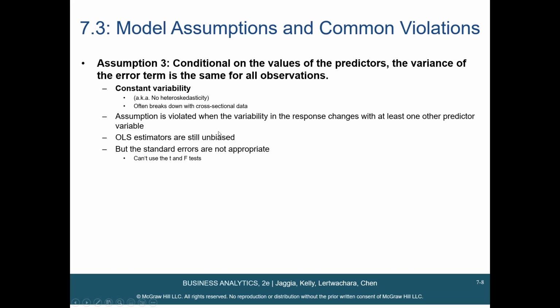And it breaks down if you have variability in the response, even with one predictor variable, which can cause your estimates, your coefficients, that's what the OLS estimators mean, to be basically incorrect. They could be estimating not the mean, but off from the mean of what the real coefficient should be.